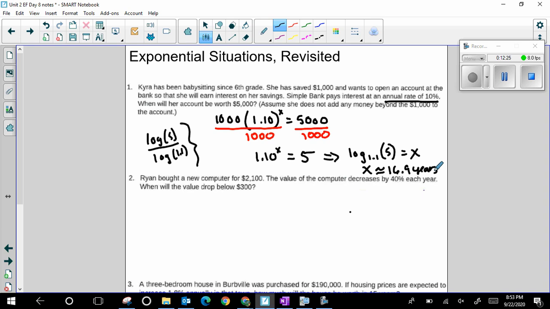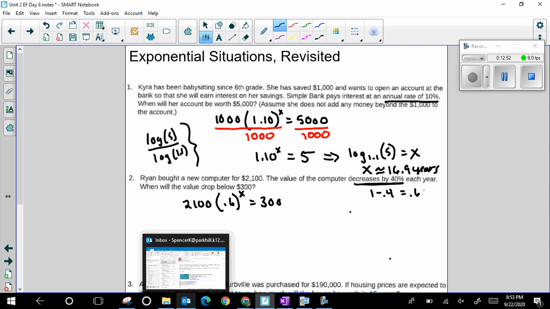All right, so this is the one about the computer, and it's decreasing by 40% each year. So remember, if it's decreasing, you got to do 1 minus 0.4, which means you have 60% left. So 2100 times 0.6 to some power, and I want to know when it equals 300.